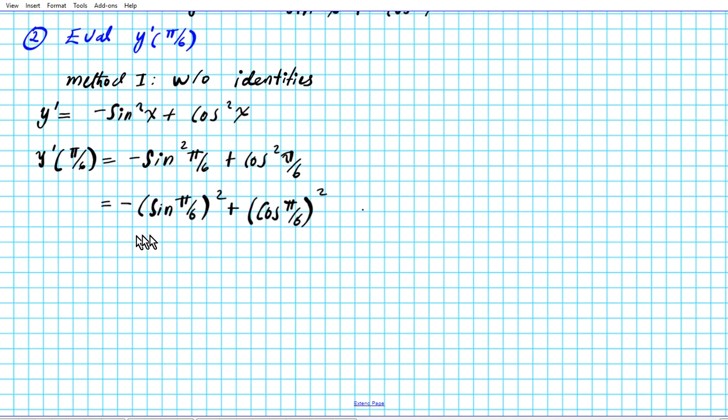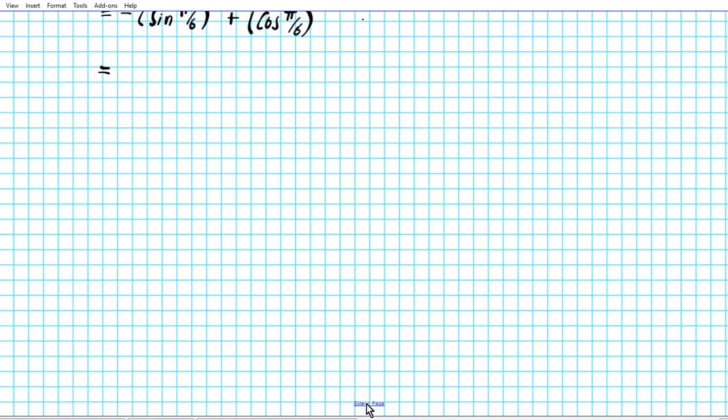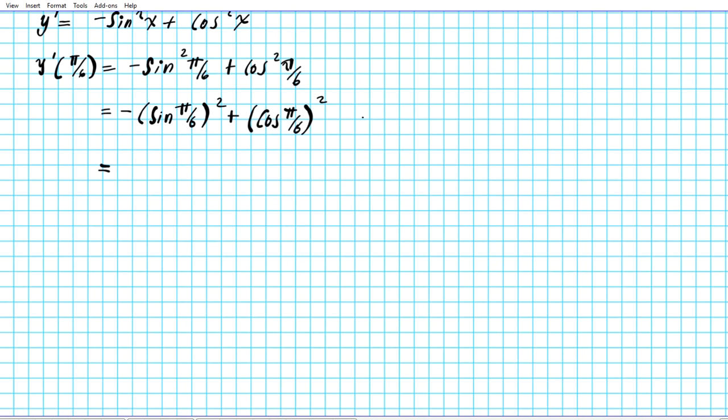Okay? Alright, so sine pi over 6 and cosine pi over 6, you can use your unit circle to solve this. So pi over 6 is 30 degrees on the unit circle. So let's take a look at that real quick. So we are in quadrant 1, and I have my circle coming up.